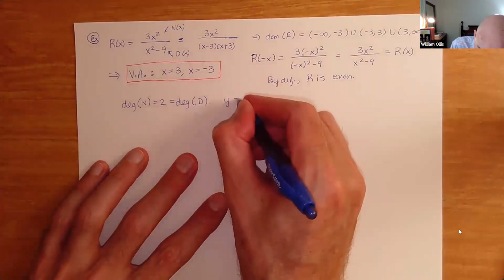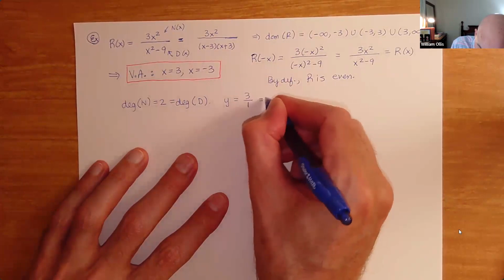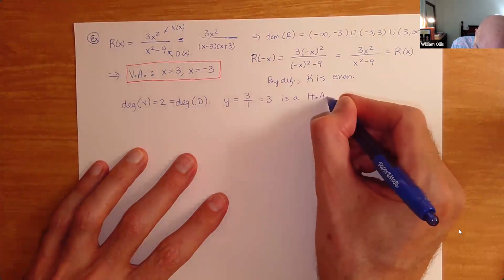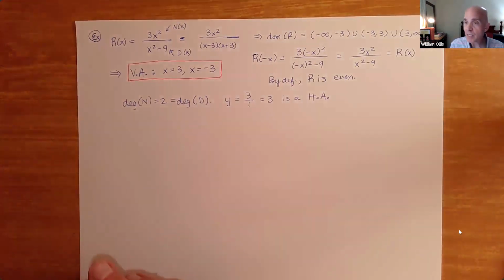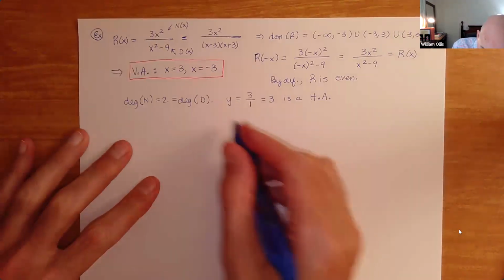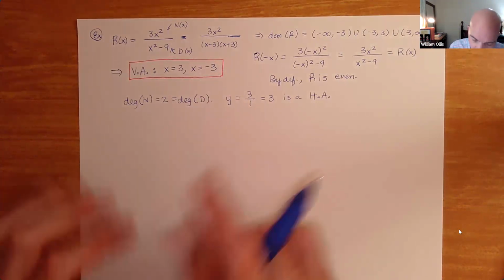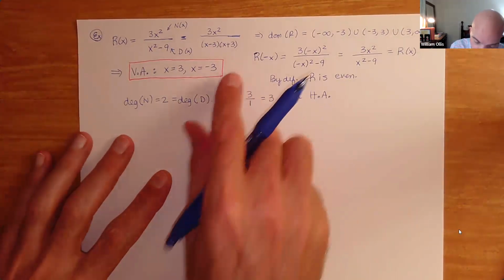So we have y equals 3 over 1, or 3 is a horizontal asymptote. So again, that gives us additional information. We dot in the horizontal line, and then as x approaches infinity and negative infinity, we can just note here the limits that I wrote on the previous page, but when we do our sign convention, we'll see what's actually going on, and then we can catalog all of the findings we get from the sign test. So we have horizontal asymptotes, we have vertical asymptotes.